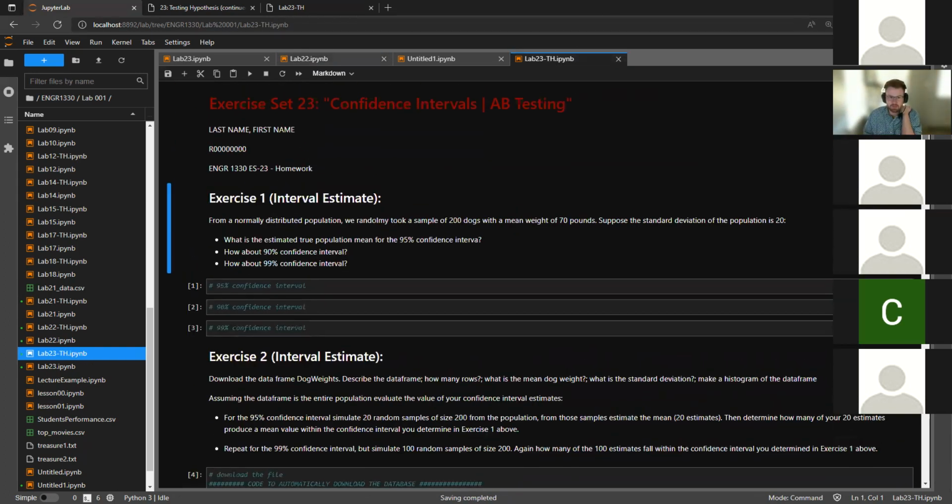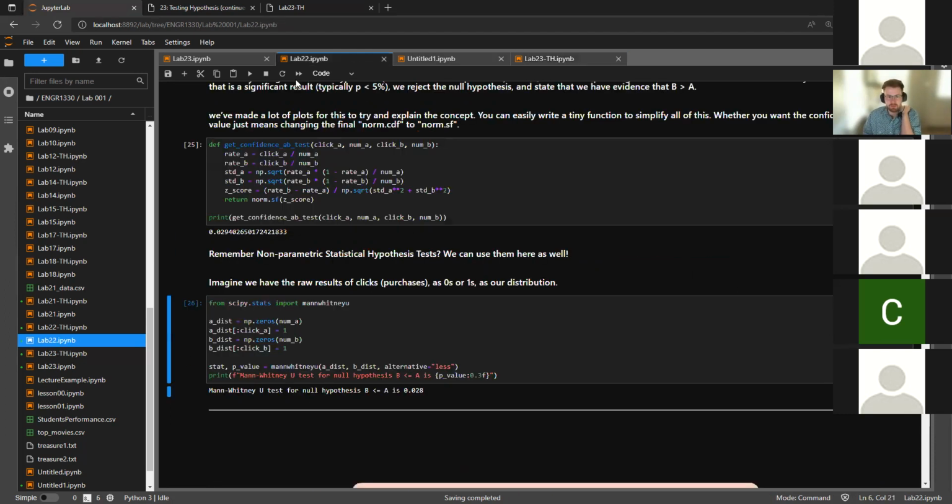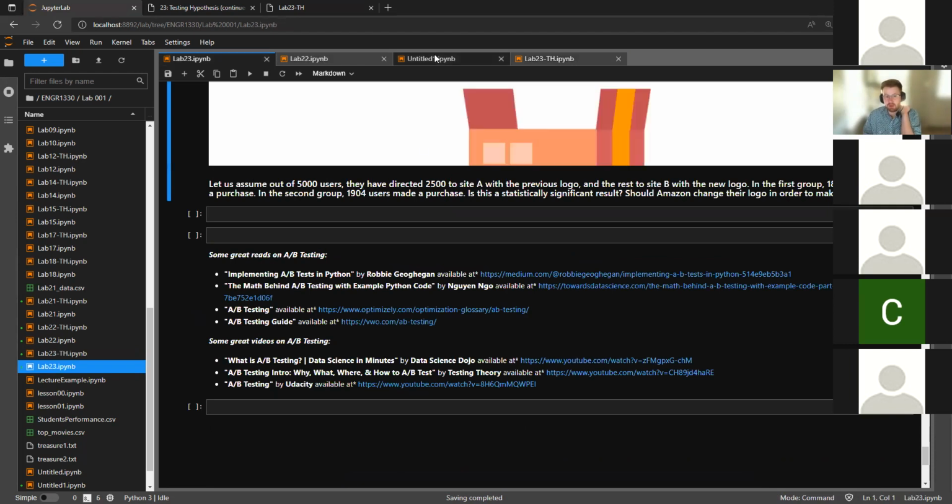So question 1 is the dog example. I've already done the first one. You could go ahead and run it with the Z value for the 95%, that's totally something you could do.